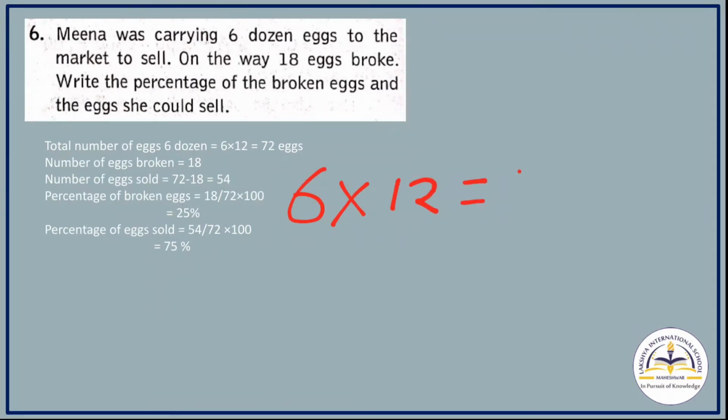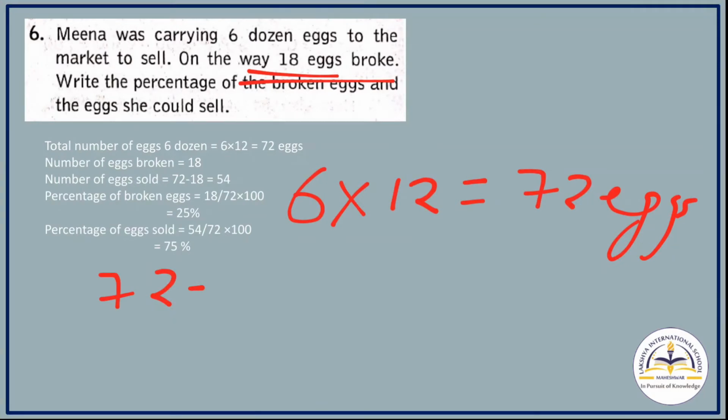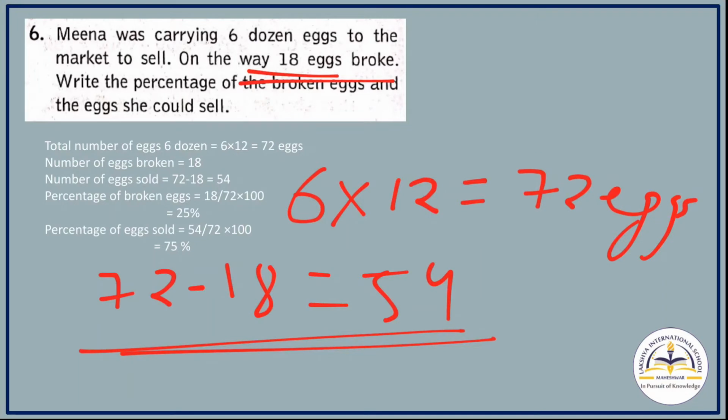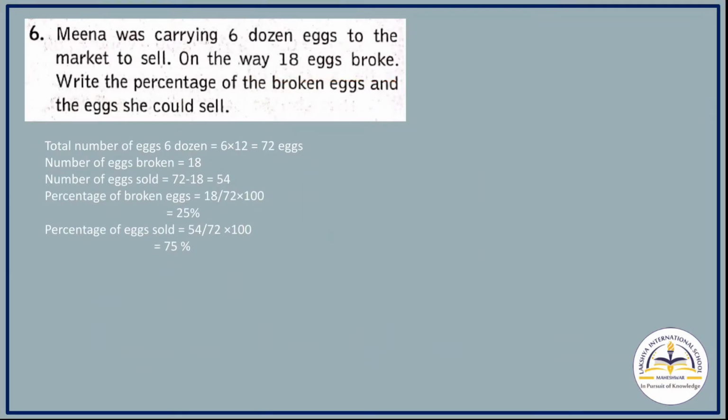So 72 eggs are there. Now the 18 are broken. So we have to find out how many are the remaining eggs. That is 54. Now we will find out the percentage of broken eggs and the eggs she could sell.